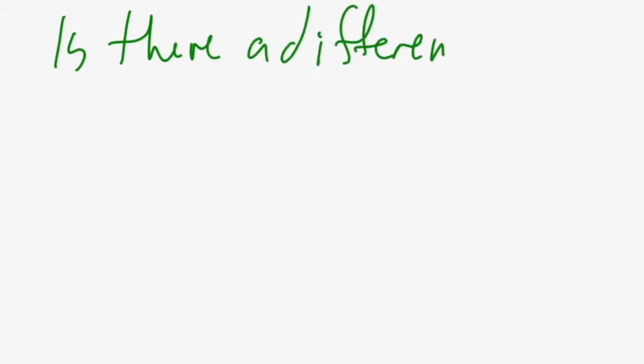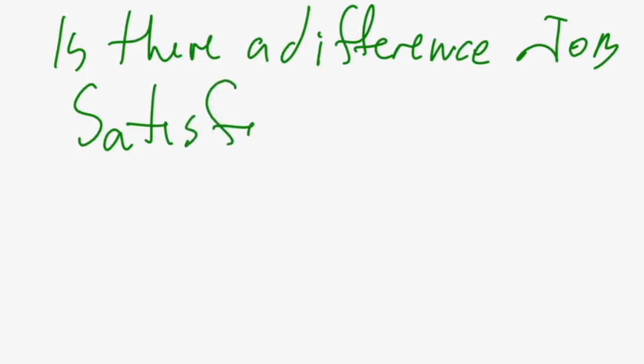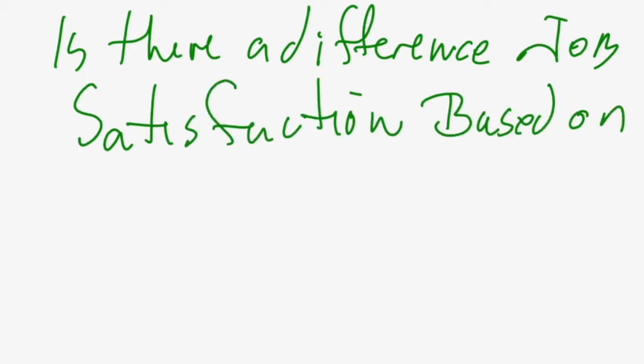In this case, I want to know, is there a difference in job satisfaction based on gender? That means that I will have a job satisfaction score, and I'm going to find the mean score of the females and compare it to the mean score of the males.